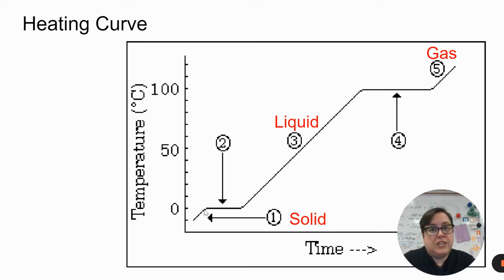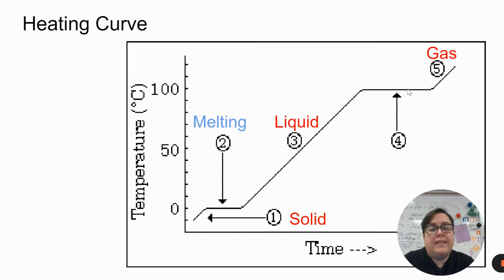So what is the phase change called that goes from solid to liquid? Why, that's melting. And we can read this graph and figure out the melting point. Anytime you hear the word point, that means it's talking about a specific temperature. So the melting point would be this line right here, and we would just trace it over to our y-axis, and we see that it is 0 degrees Celsius.